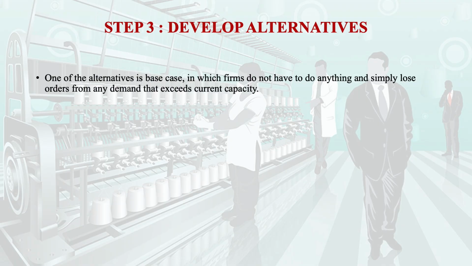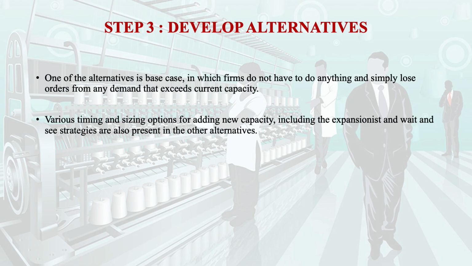That means we have to give due consideration to the obstacle operation. Third step is developing the alternatives. One alternative is the base case, in which the firm does not do anything and simply loses orders from demand that exceeds the current capacity.